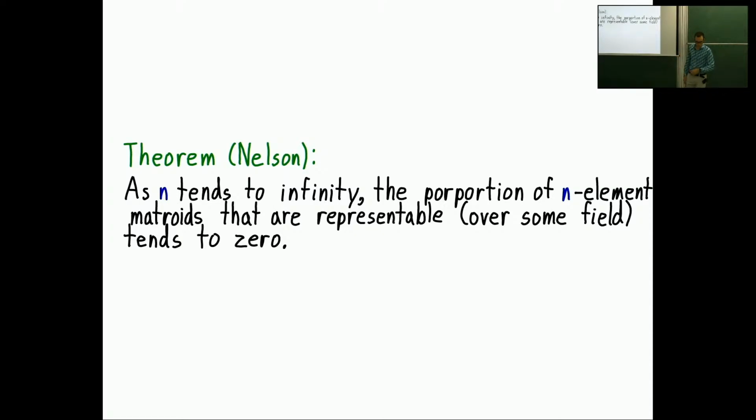So it's conceivable at this point that the characterizations go wrong just because characterizing linear independence is difficult. So this is for a fixed field, the proportion tends to 0, or for all fields? For all fields. Okay. So asymptotically, almost all matroids are not representable over any field.